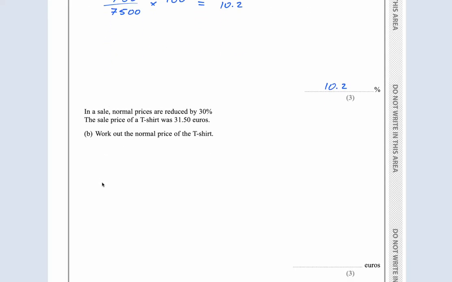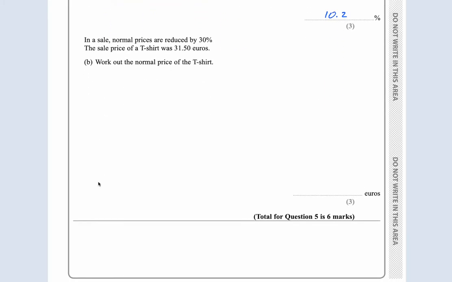Okay, in a sale, normal prices are reduced by 30%. The sale price of a t-shirt was 31.50 euros. Work out the normal price, right? This is, guys, one of those tricky ones. It's reverse percentages. Actually, if the prices were reduced by 30%, what we did is we got our 31.50.